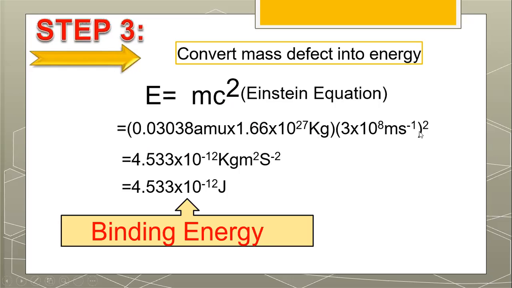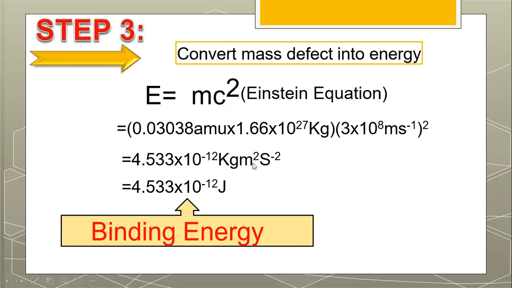By taking this square and multiplying the value of loss of mass, the final answer will be equal to 4.533 multiplied by 10 raised to power minus 12 kilogram meter square per second square.